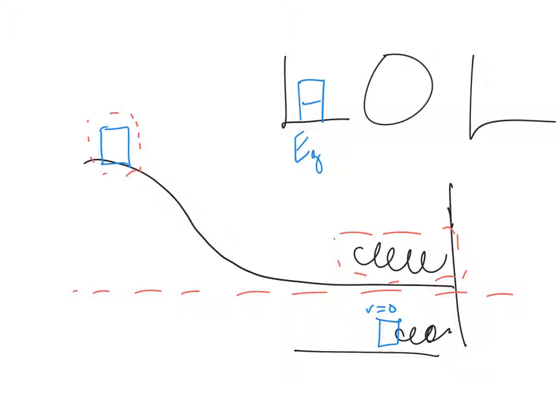So that means that if we make an assumption that the friction between the ground and the box is negligible or insignificant, then all of the energy at the very end is stored as spring energy.